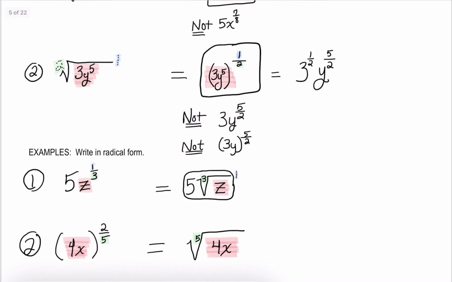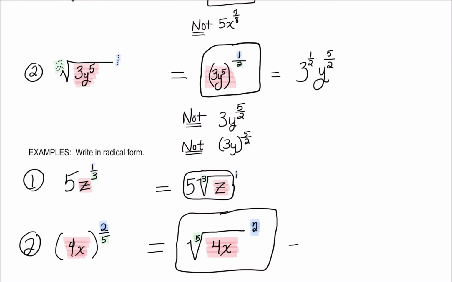And then this time I do have a numerator power that is more than just an implied 1. So I am going to have a power outside of that radical, and in this case it's going to be to the 2nd power. Now, when you put that power on the outside of the radical, that implies the whole radical, the whole 5th root, is being raised to the 2nd power.